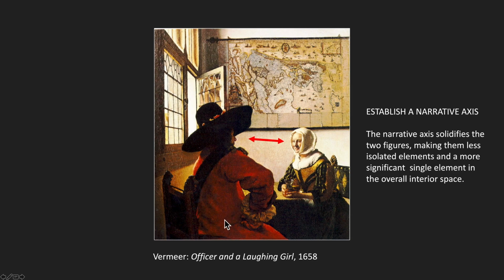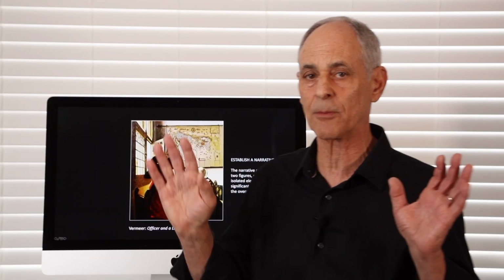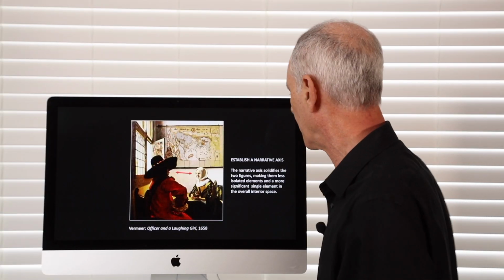And what this does is it takes 2 individual people and it makes them a unified group, so that this unified group is in contrast to the rest of the architecture, rather than the architecture and 2 separate people. That axis is really compositionally important.